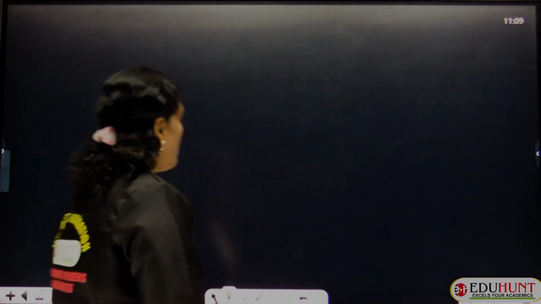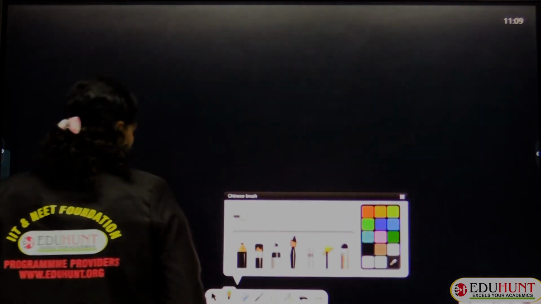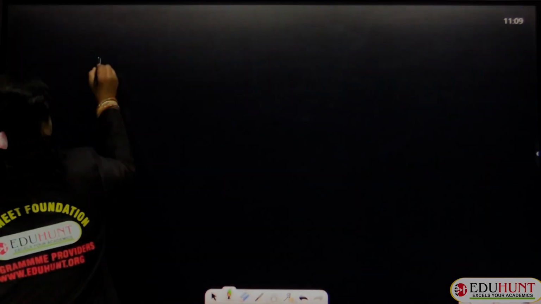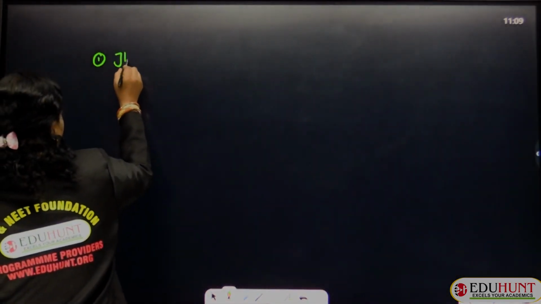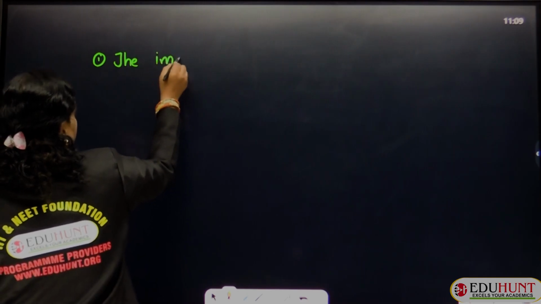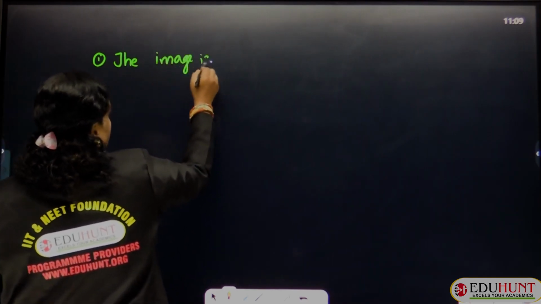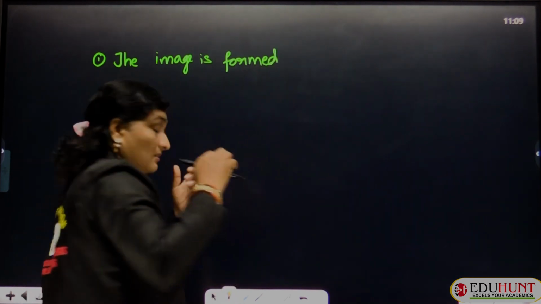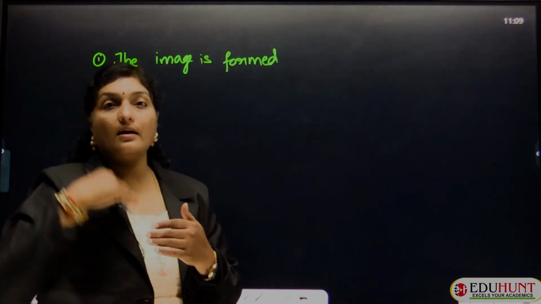So these are the main points you need to know about the characteristics of a mirror. Let me write them one after the other. So what is the first point, children? The image is formed. Is this image formed inside the mirror or outside the mirror?